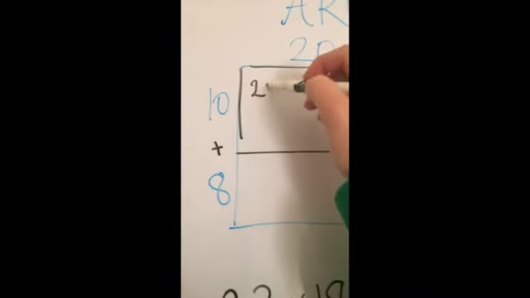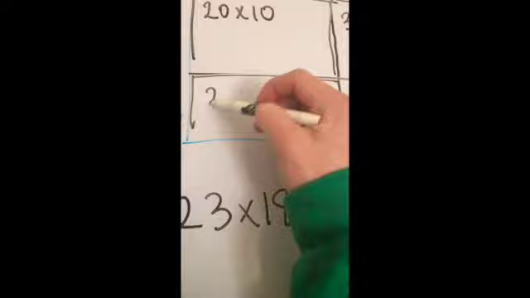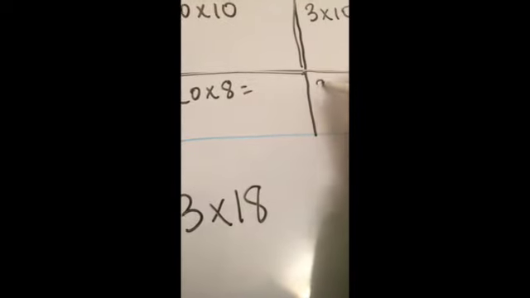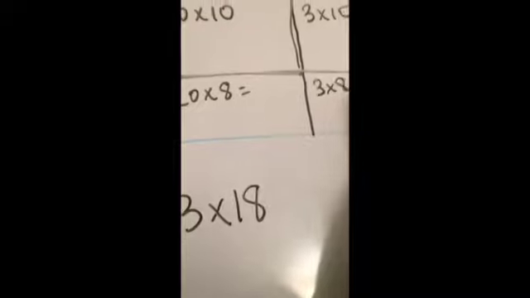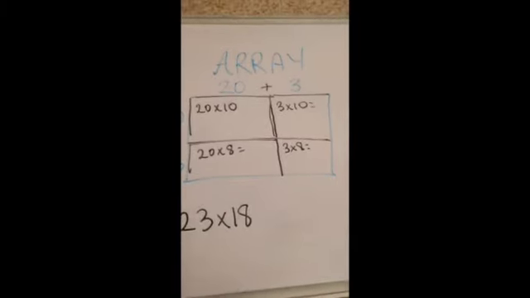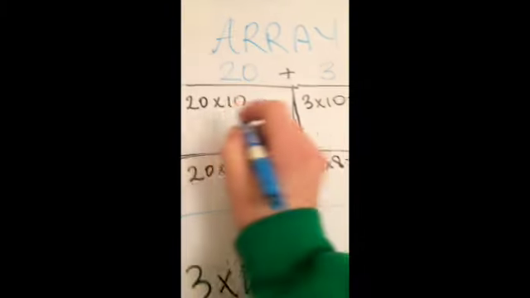Now, we will go 20 times 10, 3 times 10, 20 times 8, and 3 times 8. I was looking forward to showing those letter writers who was right, and it was going to be me. I was ready to put an end to this, once and for all.